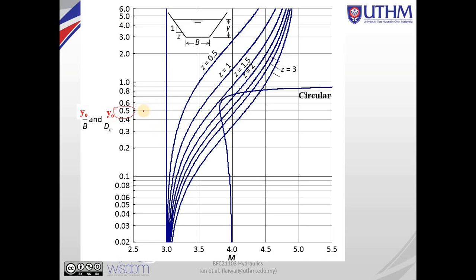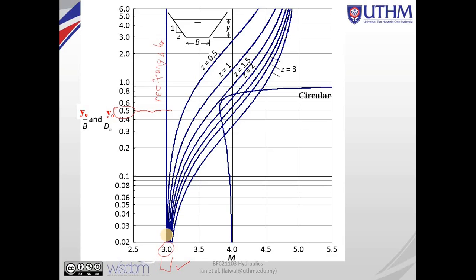The first is to find the value of m if the ratio Y0 over B is equal to 0.5 for rectangular. We draw a temporary line which intersects this rectangular shape. When we cross, we find that the answer is 3. So our m is 3 for rectangular.